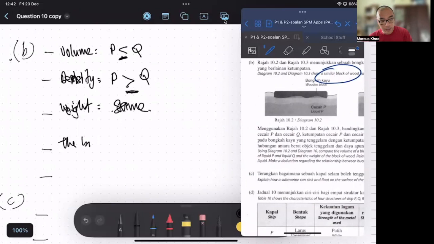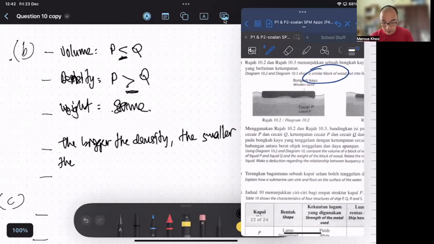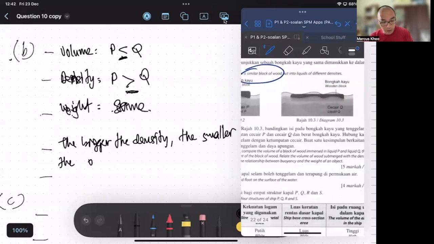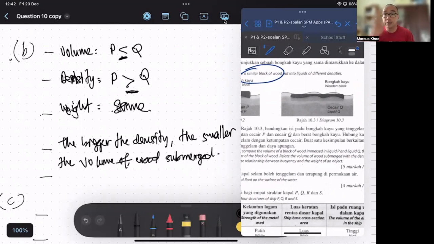So the bigger the density, the smaller the volume of wood submerged.